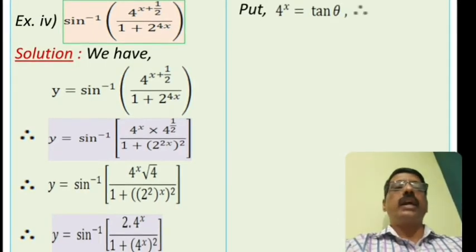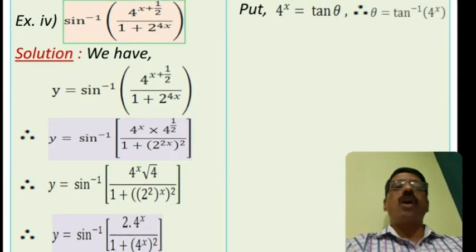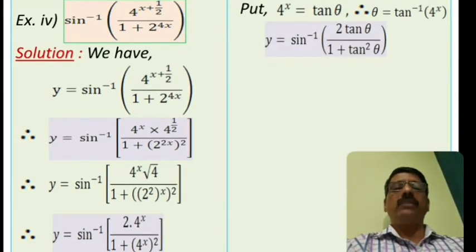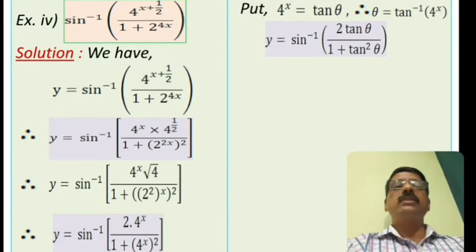Then of course theta equal to tan inverse of 4 raised to x, and therefore the given function becomes y equal to sine inverse of 2 tan theta upon 1 plus tan square theta.